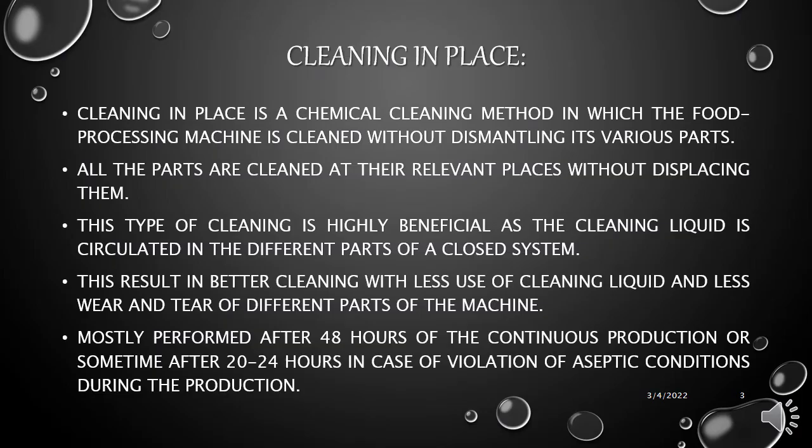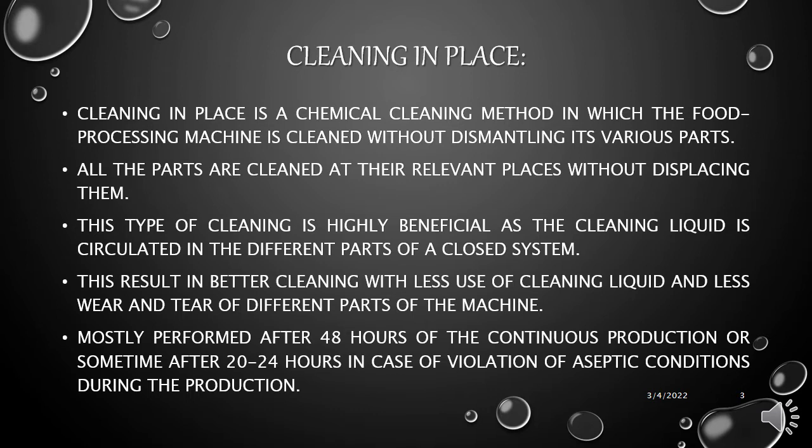CIP, like cleaning in place, is a chemical cleaning method which is mostly used in liquid food processing industries for the cleaning of their machines without dismantling the parts of machinery, because all the parts are cleaned at their relevant places without displacing them.